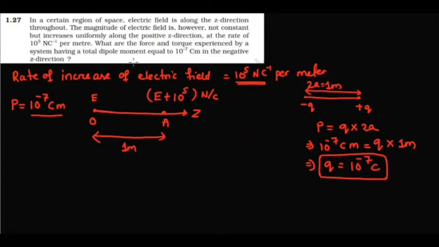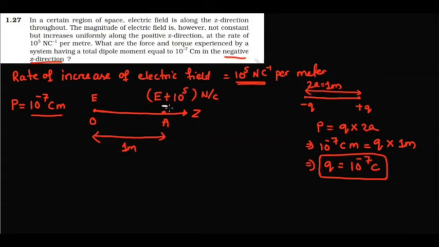And the dipole moment is in the negative z direction. So we have to place the two charges at a distance of 1 meter in such a way that the dipole moment will be in the negative z direction.